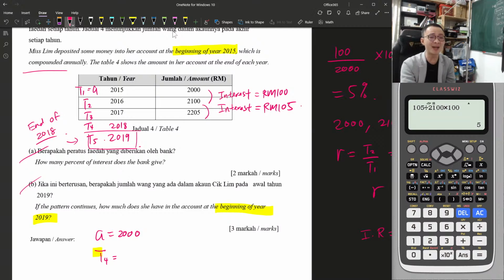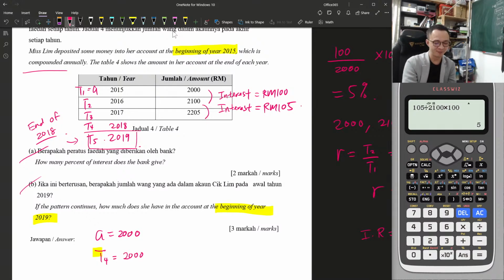And since the interest is only credited at the end of each year, I think it makes more sense to do T4 rather than T5. Okay, I hope you get the idea of what I'm talking about.